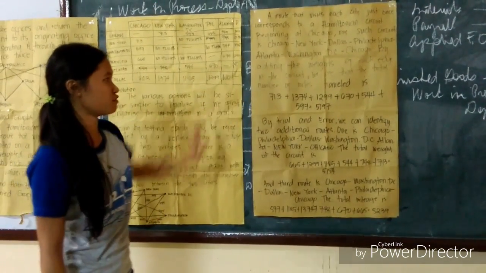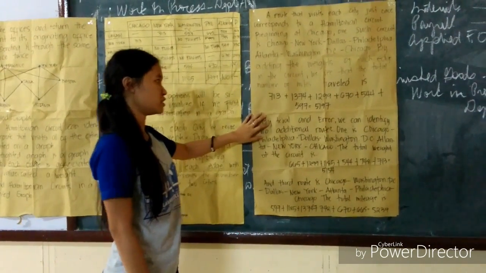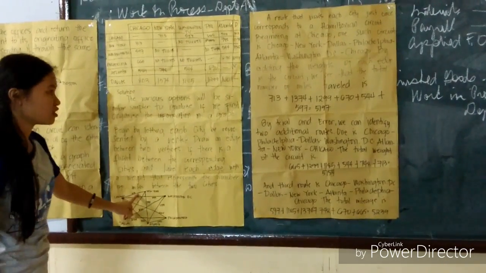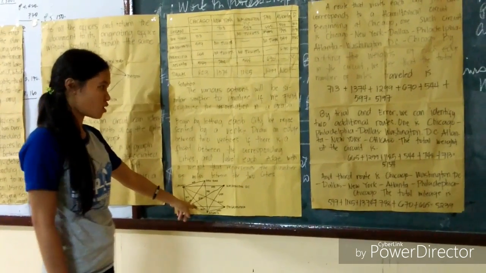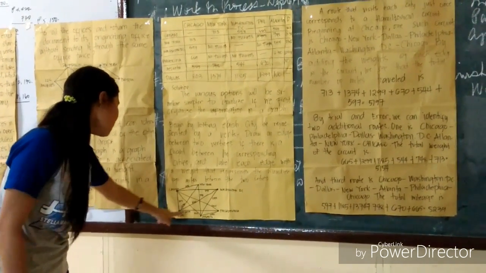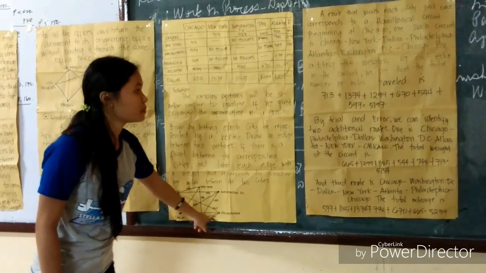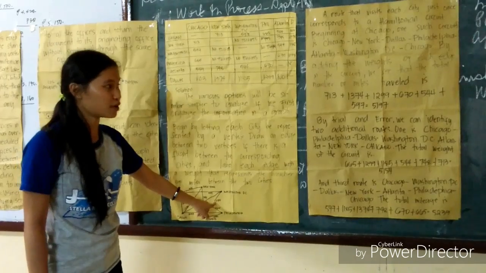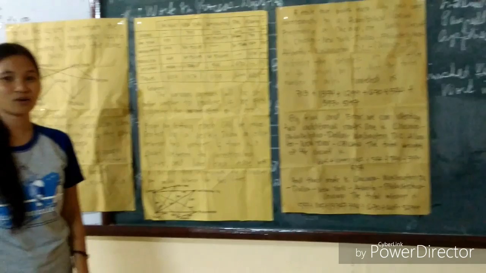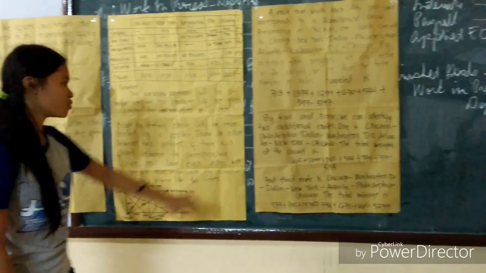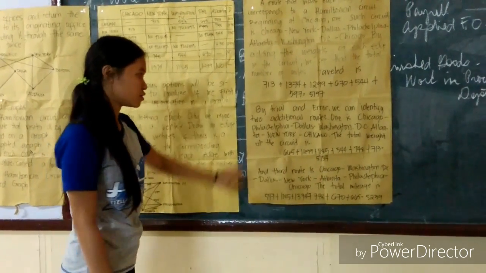By adding the weights of each edge in the circuit, we see that the total number of miles traveled is 713 plus 1,374 plus 1,299 plus 670 plus 544 plus 597, which is equal to 5,197.